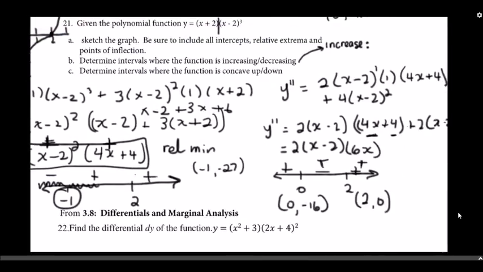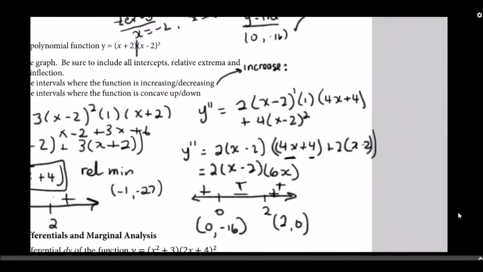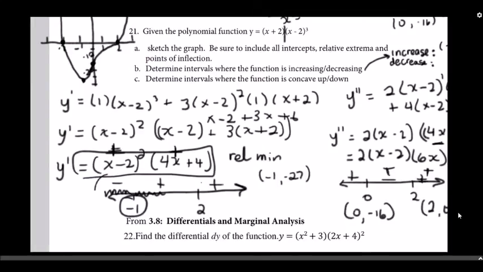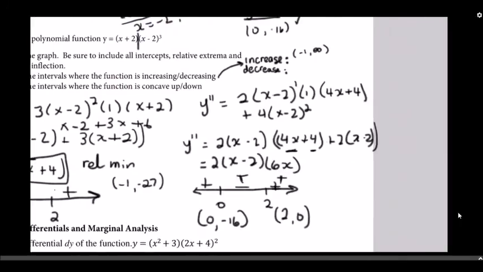So it's increasing from -1 to infinity. It's decreasing on that interval because it's negative, so it'll be decreasing from -infinity to -1.